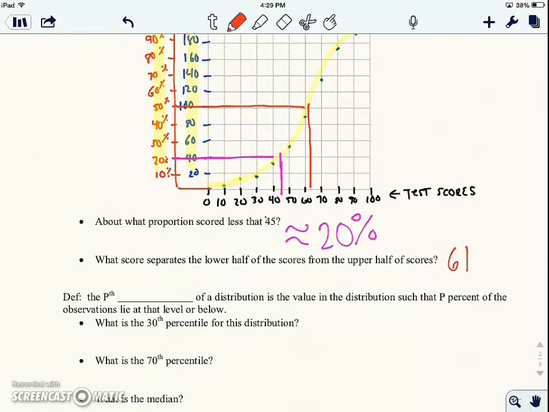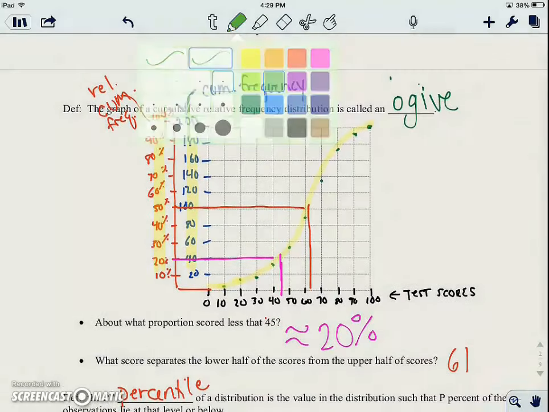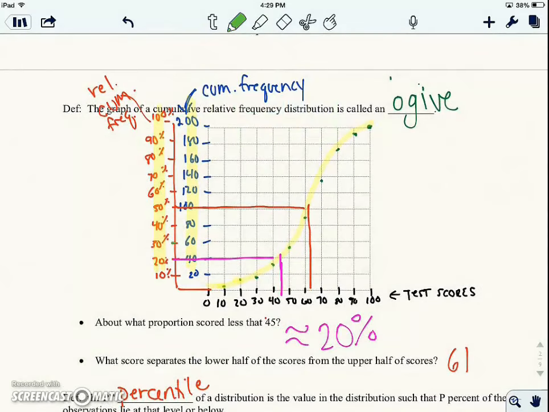The pth percentile of a distribution is the value in the distribution such that p% of the observations lie at or below that level. So what is the 30th percentile for this distribution? Well, I go over to 30%, and I just want to know what score is that cutoff. And right here, it looks to be about 55.